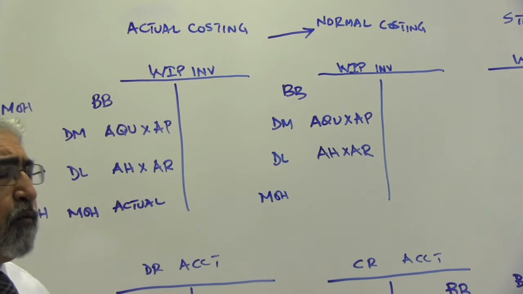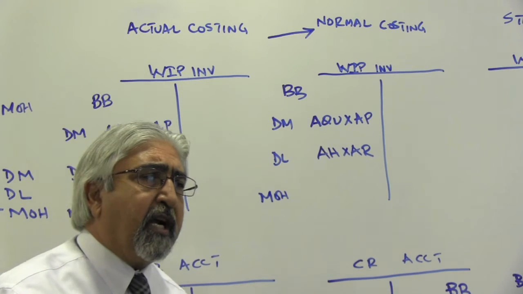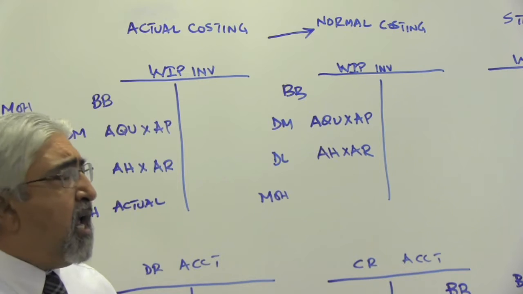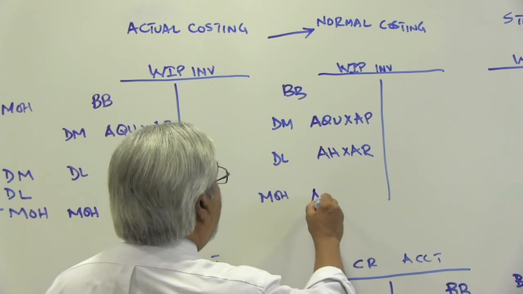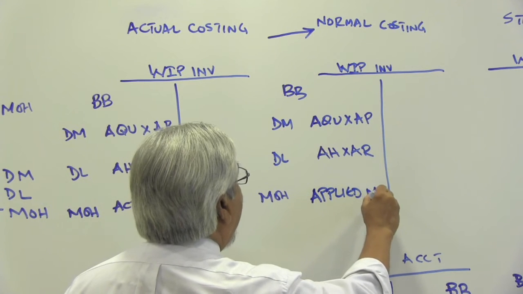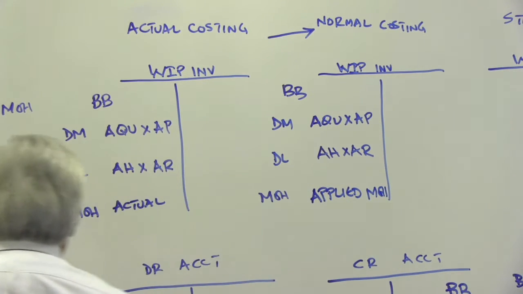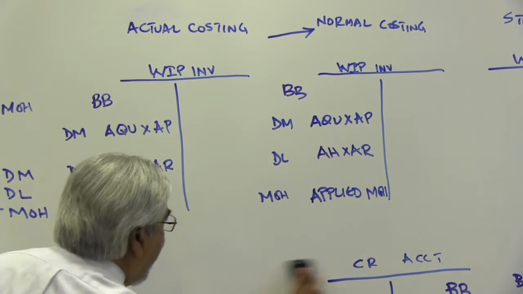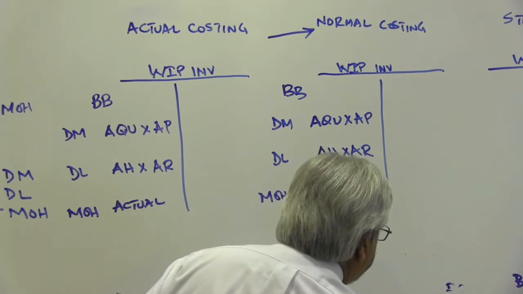Instead of debiting the work in process inventory account for the actual overhead costs incurred, we debit it for a number that is called applied manufacturing overhead. And now I have to show you what applied manufacturing overhead is.